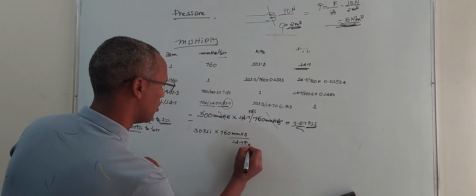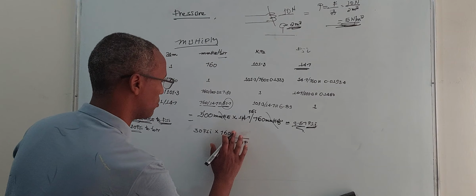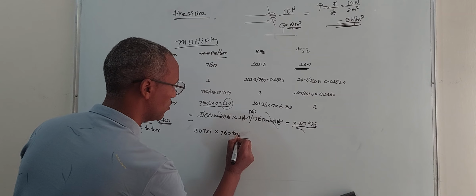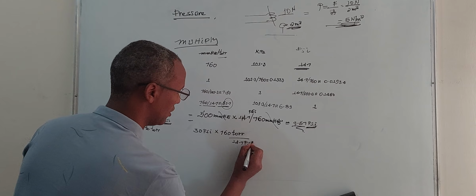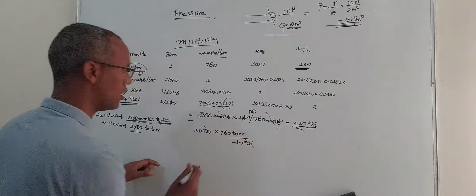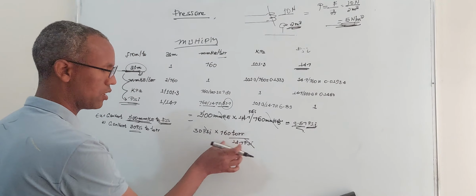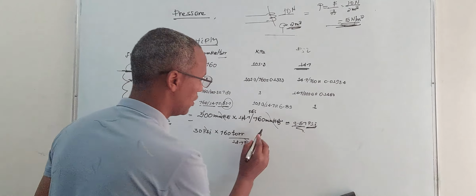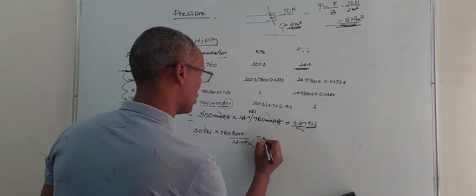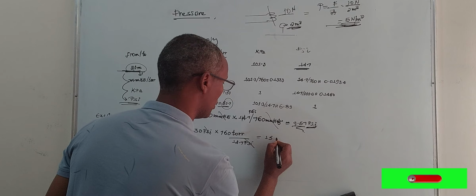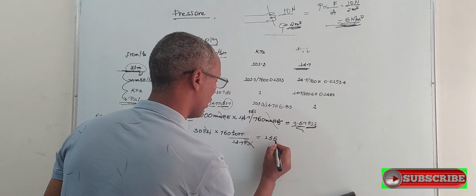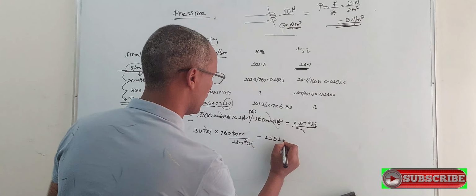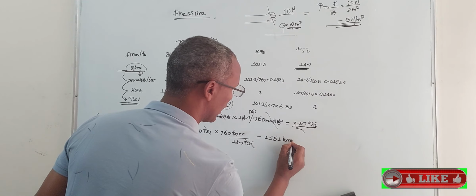Oh, it's supposed to be torr per psi. So you can cancel psi with psi. Then when you multiply and divide through 14.7, you will get around 1551 torr. You can check by yourself. That is what you can get.